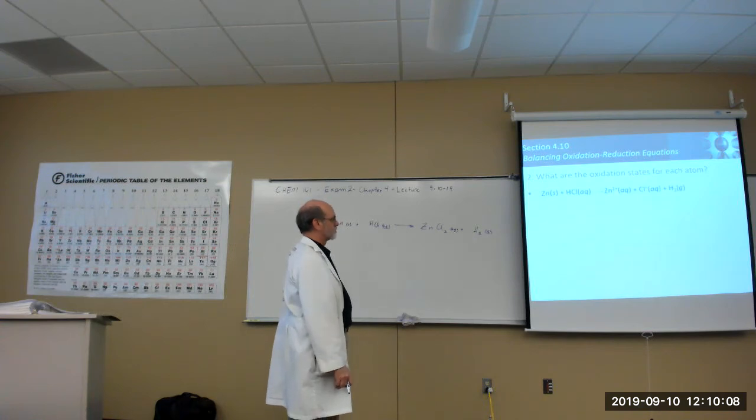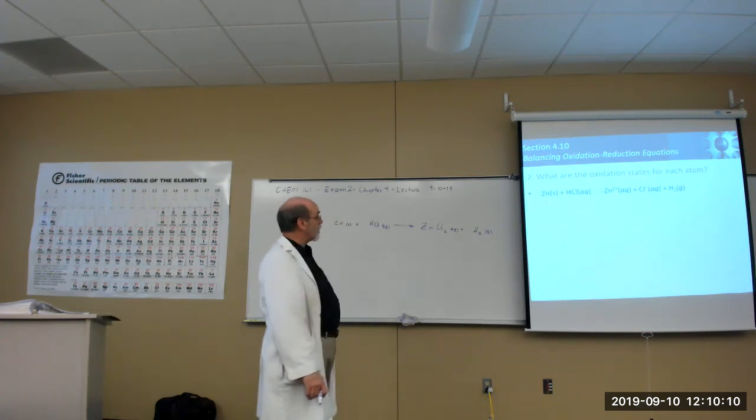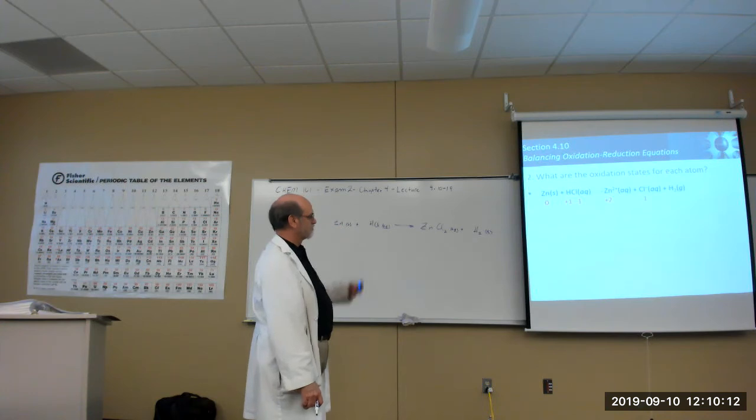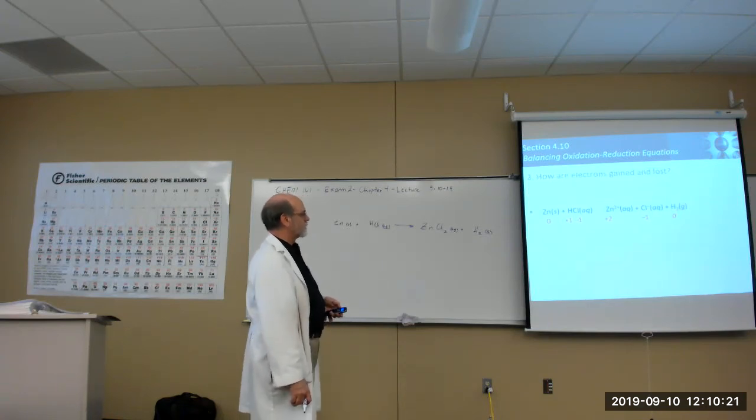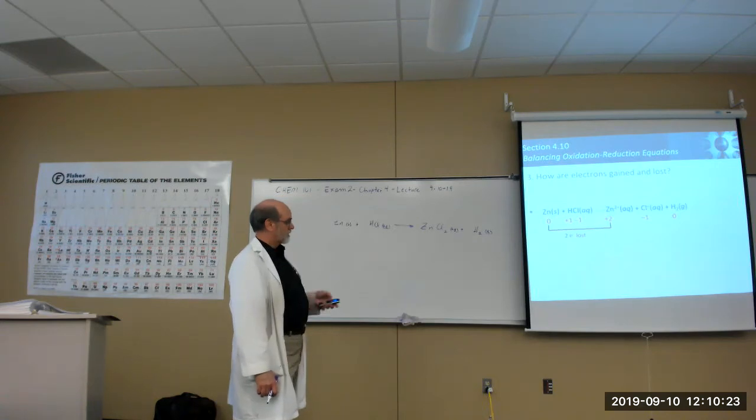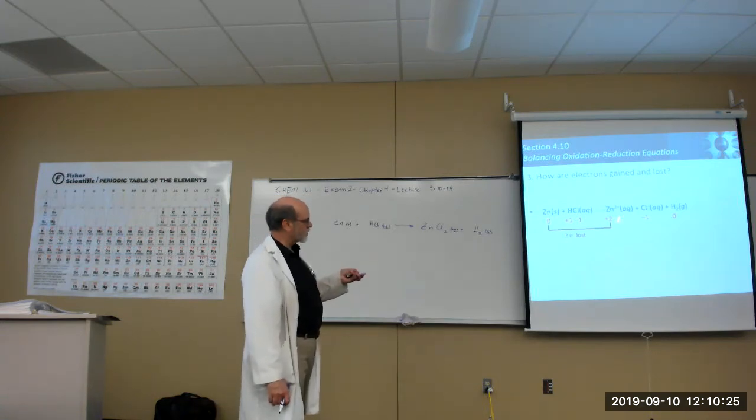Okay, so find out what the oxidation states are. That one's 0, +1, -1, +2 because of the charge, -1 because of the charge, 0 because it's elemental. Okay? So here we have 2 electrons lost, so it's oxidized.